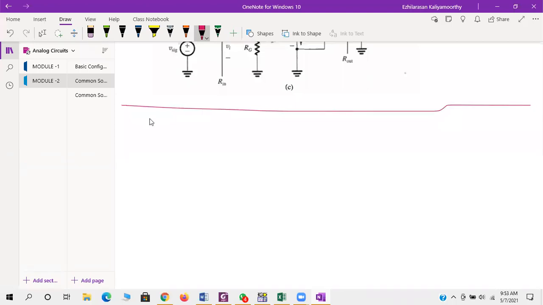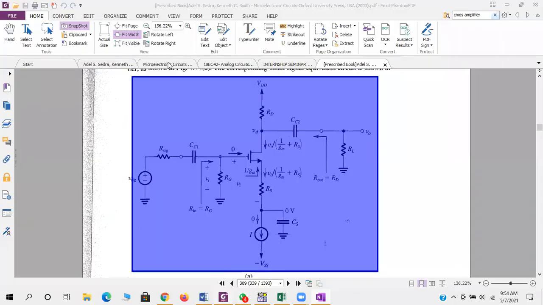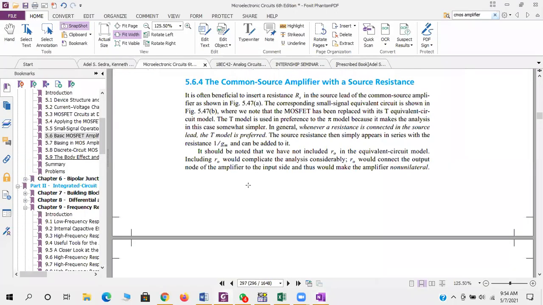Before entering into that, let me show what the T model is first, because then it will be very easy for us to understand. So what is a T model? Let me show the T model.